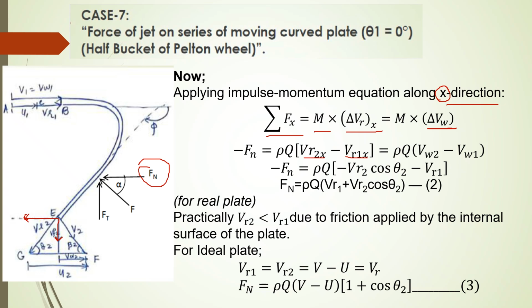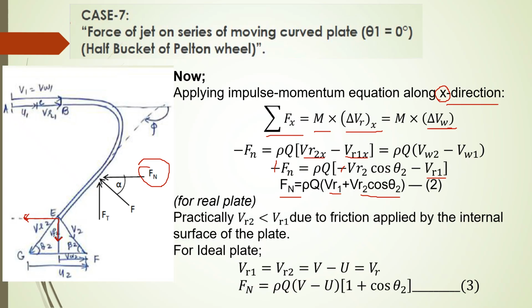We do not have the x component, only the vertical component for VR1, as theta is equal to 0. So we have VR1x equal to VR1, and we can simplify our expression as VR1 plus VR2 cos of theta 2, cancelling out the negative from both sides, and you have Fn equal to this relationship.